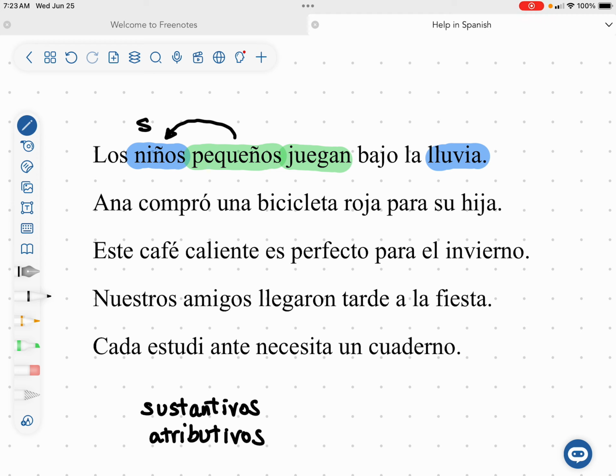So here's my subject, here's my verb, this is an adjective. Our subject is a noun, and pronouns. Atributivos are verbs and adjectives, just like I've shown up there in the green.